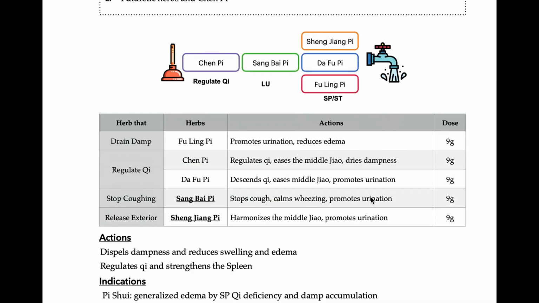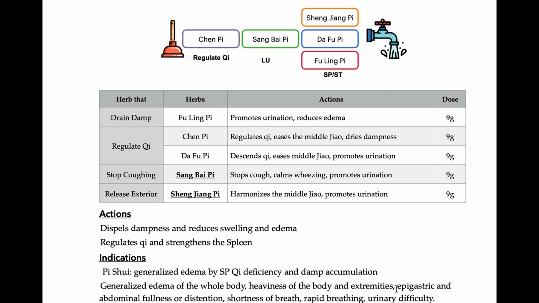Ulingsan and Zhulingsan. And Wupisan is for general edema. That is the keyword you need to remember. General edema, skin edema and general edema. Yeah, generalized edema. In Chinese, we call that pishui. Pi is skin. So skin edema, generalized edema by spleen deficiency.